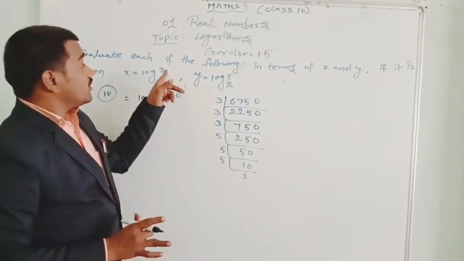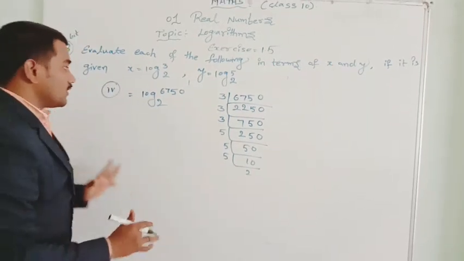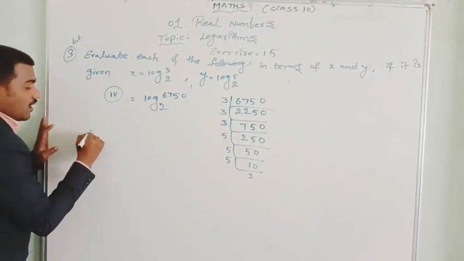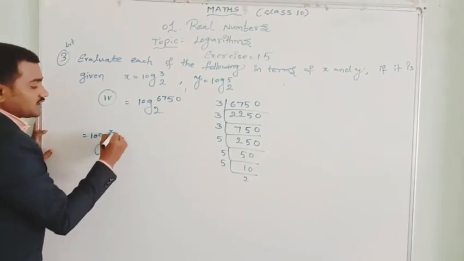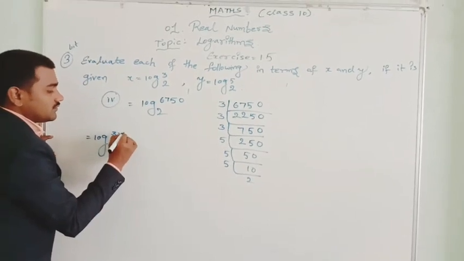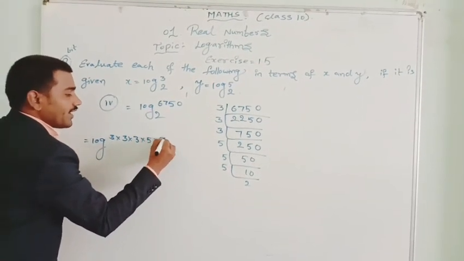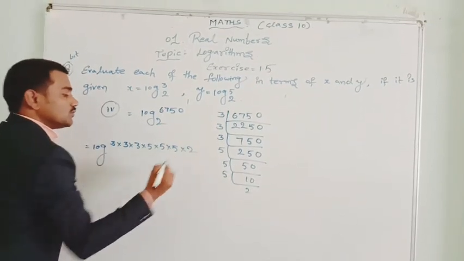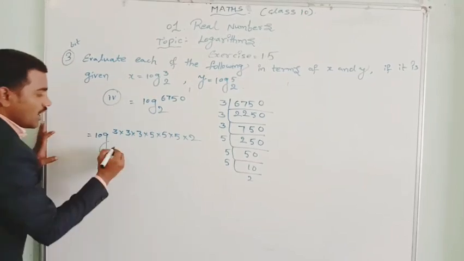Because we need only terms of log 3 and log 5, we are using 3 and 5 maximum. So let us change this. How can we write this? Log of 3 into 3 into 3 into 5 into 5 into 5 into 2, base 2.